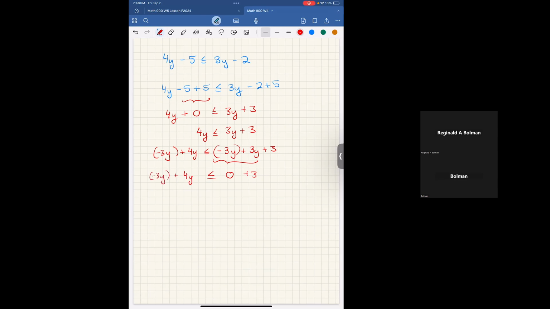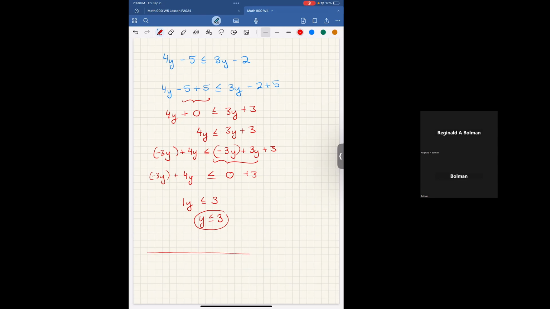Well, I have $3 of debt, but I have $4 in my bank account, so at the end of the day, once I'm done paying back my debt, I will be left with $1. 0 plus 3 gives you 3, so I've got y is less than or equal to 3.